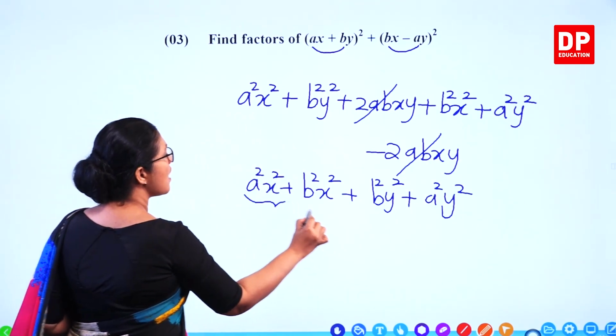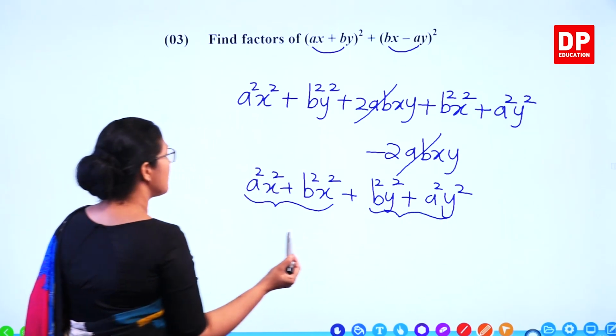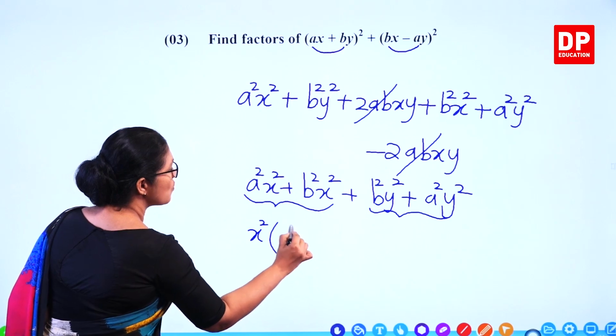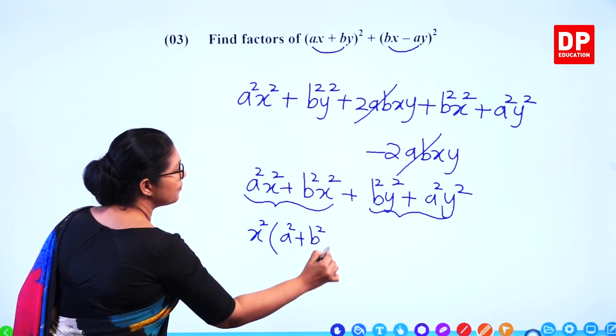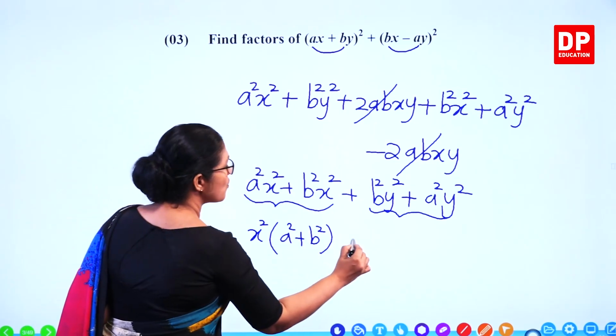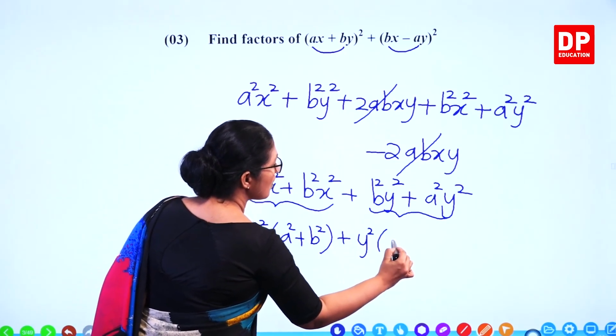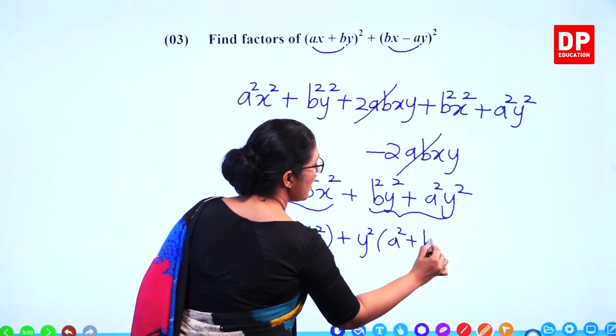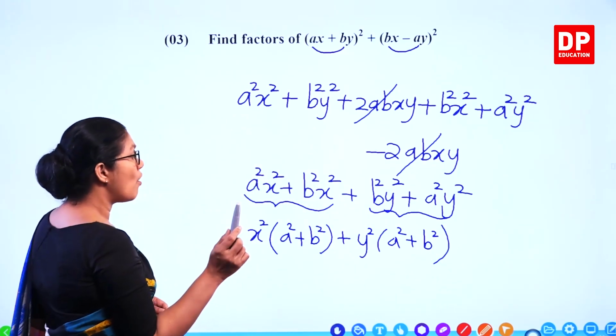Now take 2 at a time and factorize. I can take x squared out. A squared plus b squared. Here from this I can take y squared out. Then b squared plus a squared means same as a squared plus b squared. Addition you can write in any order.